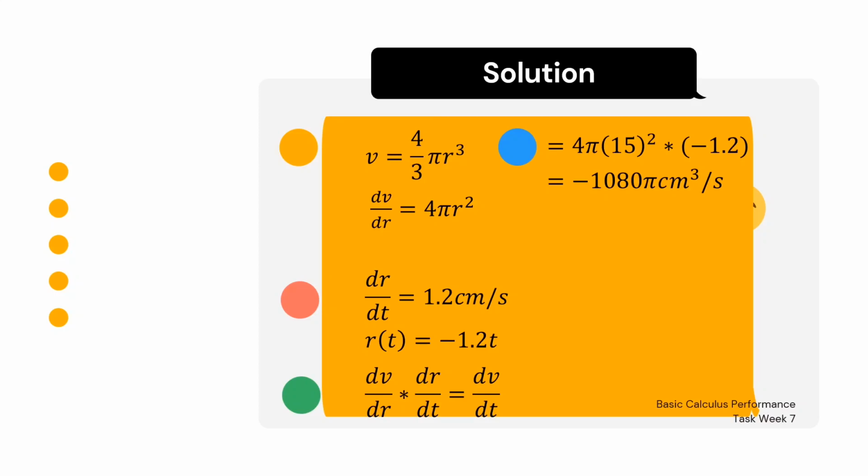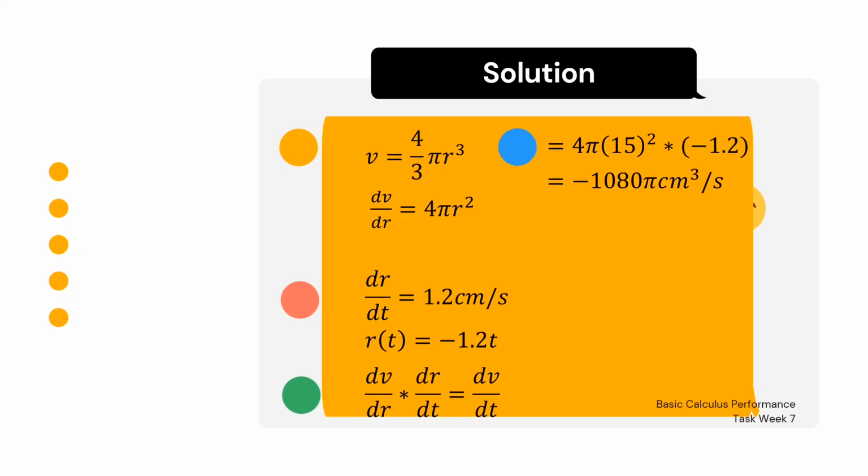So dv over dr times dr over dt is equals to dv over dt, which is 4 pi times the quantity of 15 squared, times negative 1.2 centimeters per second, which is the decreasing of our snowball.